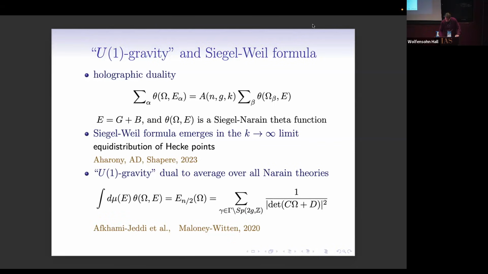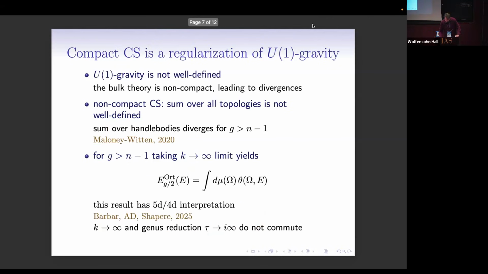Okay, but there is some message to learn here. I want to emphasize that in my thinking, this U1 gravity, the bulk theory, which is dual to an ensemble of all Narayan theories, I think about it as some sort of prototype to three-dimensional gravity. It's a theory which has certain rules in the bulk, and it tells you how to calculate things, but it's microscopically not defined because the gauge group is not compact.